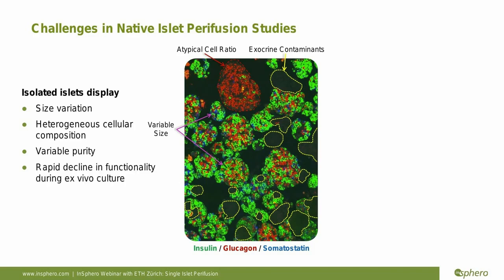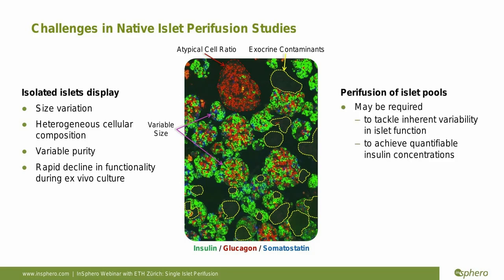And due to the bigger size and probably also the exocrine contamination, the islets can display a rapid decline in functionality and viability during ex vivo culture. So typically, human islets need to be used fresh, or their functionality will decline in a matter of 2 to 3 days.